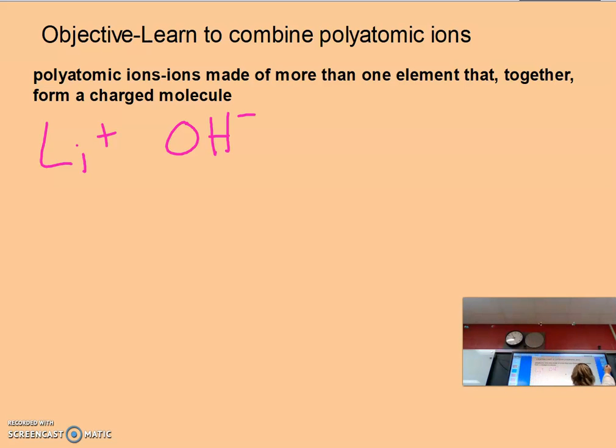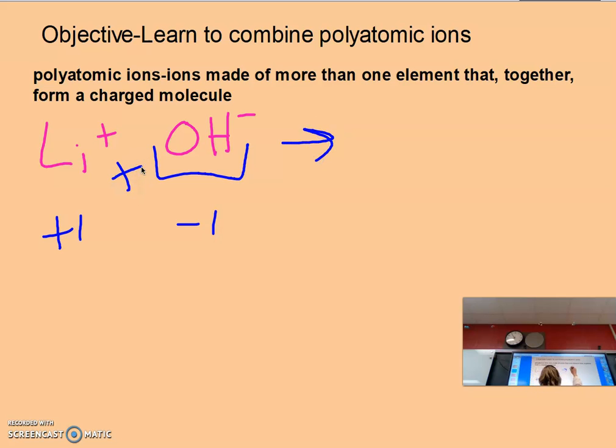What that means is these collectively as a group, the O and the H combined together, have this negative charge of -1. So obviously if we have a +1 and a -1, these are going to combine in a 1-to-1 ratio. If I add these together, they combine just like that. Pretty simple when they combine in a 1-to-1 ratio.